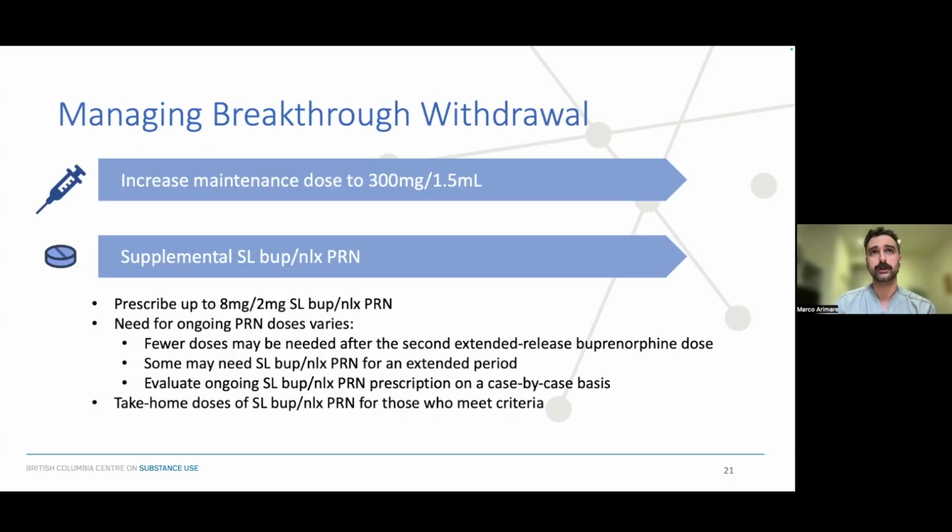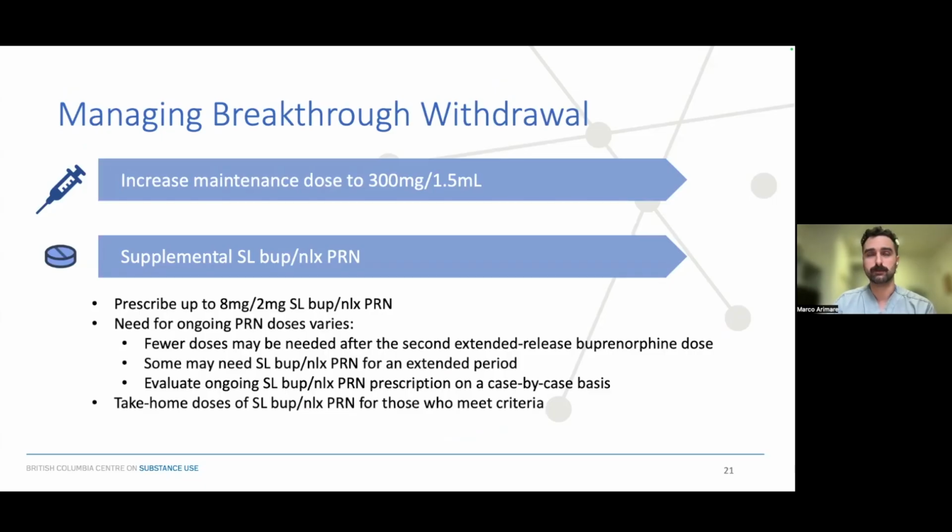So in terms of managing breakthrough withdrawal, one option is to increase the maintenance dose to 300. I think if someone's experiencing breakthrough withdrawal and they are still on the 100 milligram dose, that would probably be my first step. If that's not effective, breakthrough withdrawal can also generally be managed by prescribing additional sublingual buprenorphine/naloxone daily PRN, so up to 8 milligrams a day as needed.